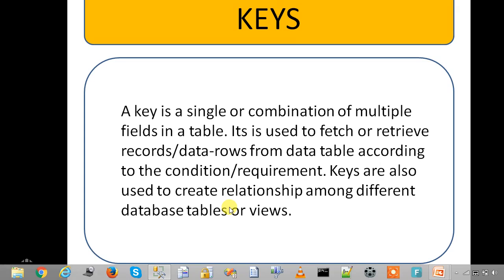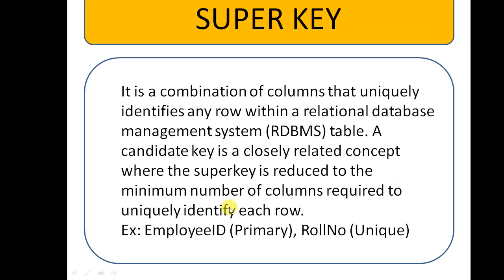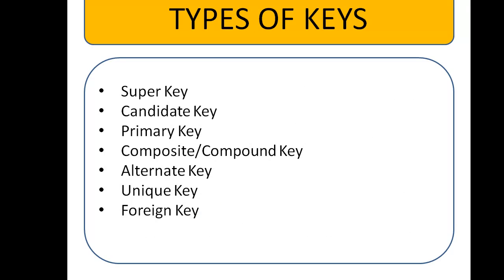What are the types of keys available in SQL Server? There are 7 types of keys in SQL Server: super key, candidate key, primary key, composite or compound key, alternate key, unique key, and the last one is foreign key.